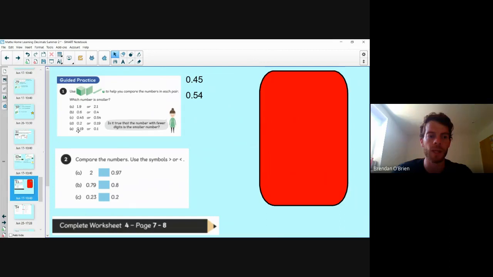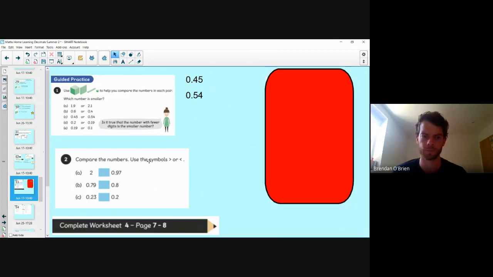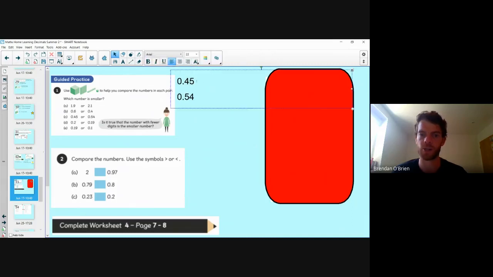We've got A, B, C, D, and E. I want to look here at C, because I think C is the most interesting one, okay? And we're just going to use my knowledge now of decimals and fractions to compare these.